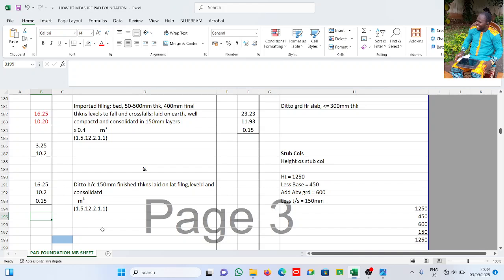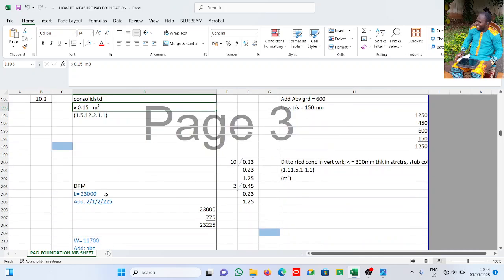However, if I want to go with this, this will not be there, but I'll have it here as a meter cube by 10 by 0.15. I hope this explains it.